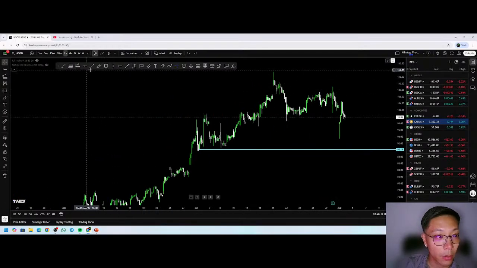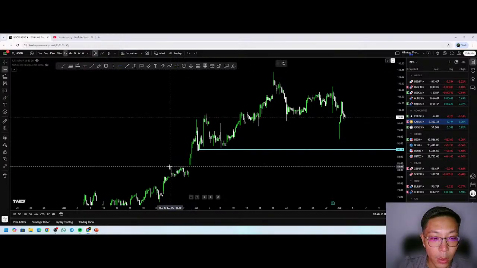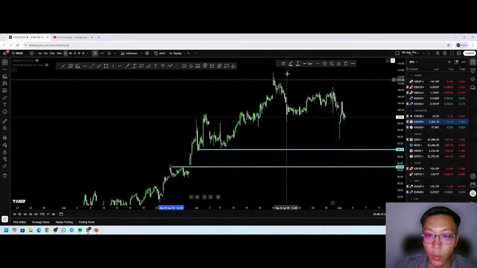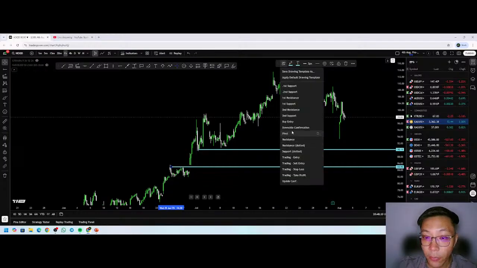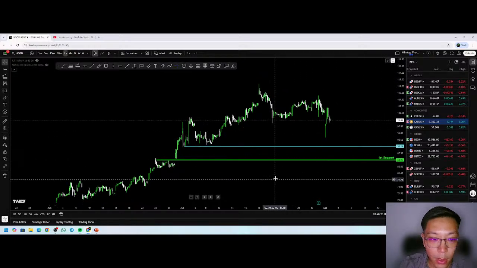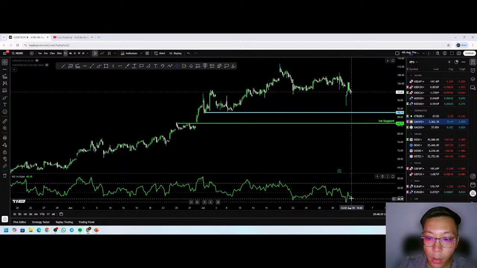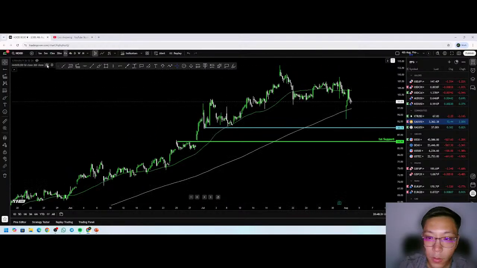Then the next other level would be this first support area at $85. These two levels are the only two levels that I could potentially look at. I think just these two.